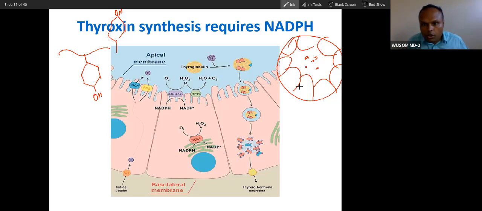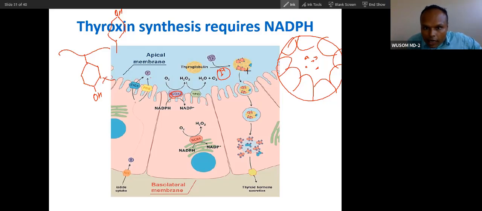And this tyrosine residue, you can see on the epithelium. This NADPH oxidase, I told you, is always attached to the membrane, and this is DuOX. What will it do? It will change this iodine into I plus, because of generation of free radicals, and this I plus will easily attack this ring.